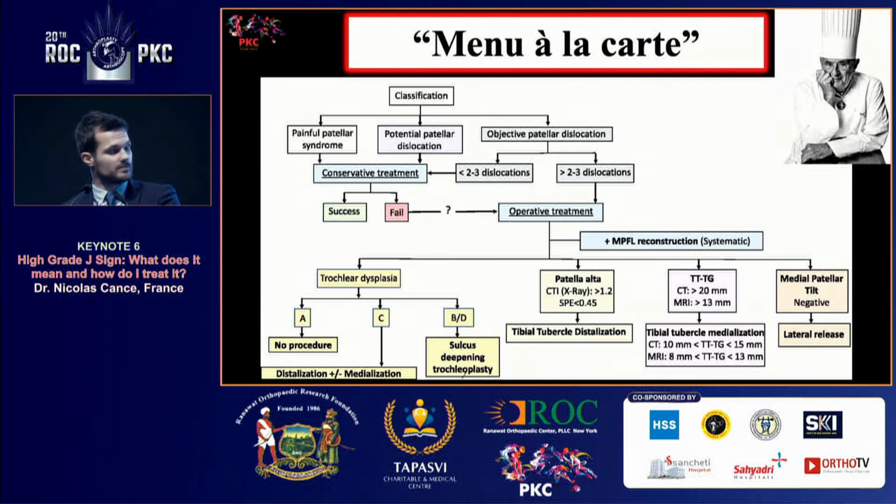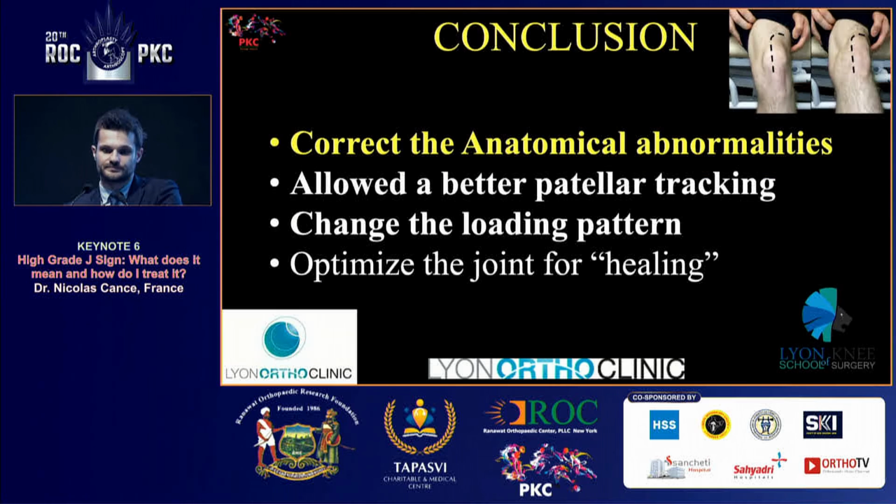And the main point of this topic is to go back to the menu à la carte and always treat every risk factor separately. So here, for example, J sign is like low-grade trochlear dysplasia, so no trochlear procedure. Patella alta, so you will distalize the tibial tuberosity, and then your TTTG, and at the end, of course, you will proceed with your MPFL plasty.